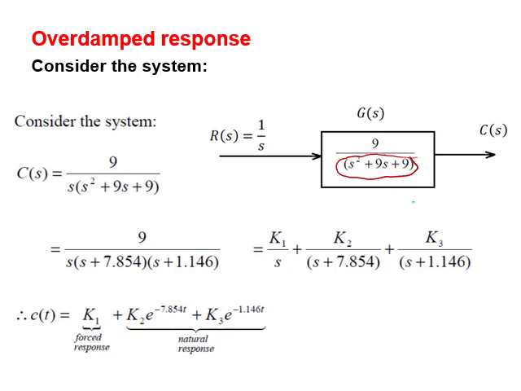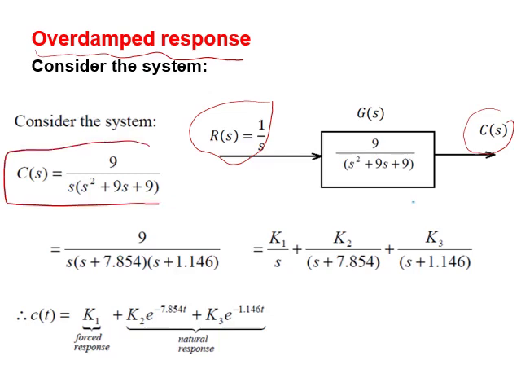So let us start with overdamped. In overdamped, when we have this kind of response, if we look at the second order equation, it is s squared plus 9s plus 9. When we multiply it by the input, we get C of s, which is seen here.